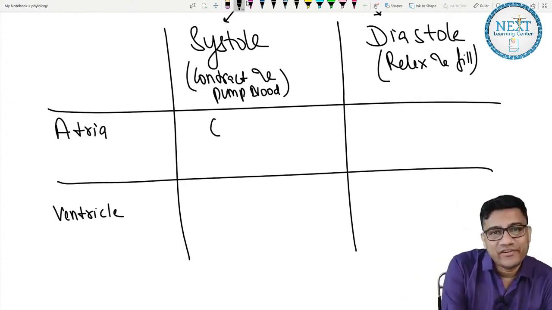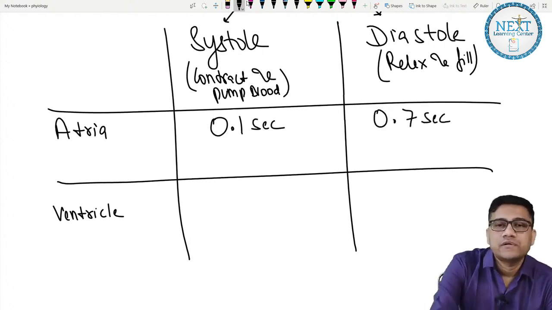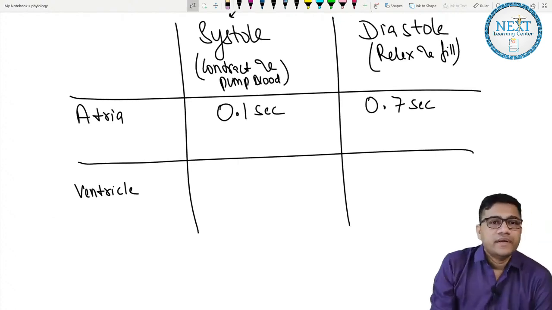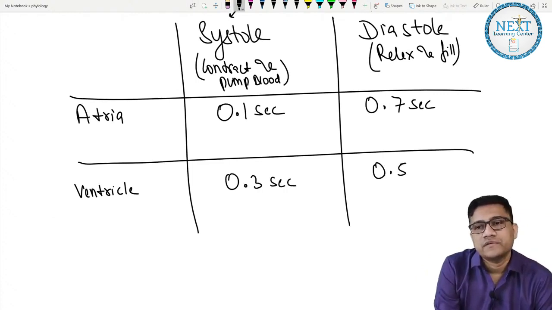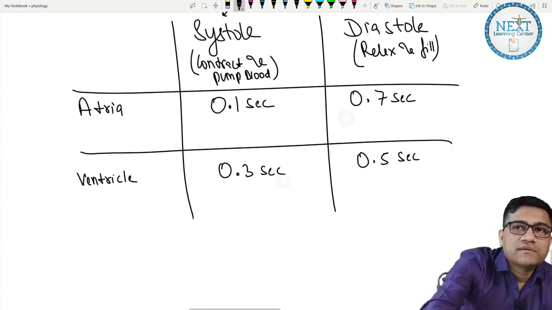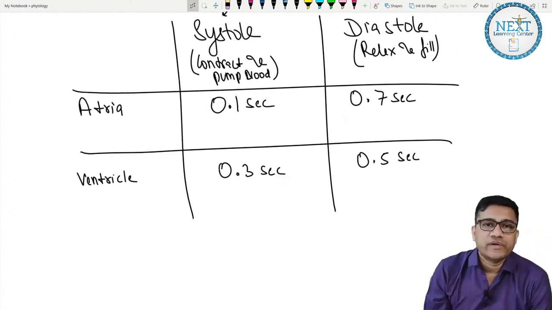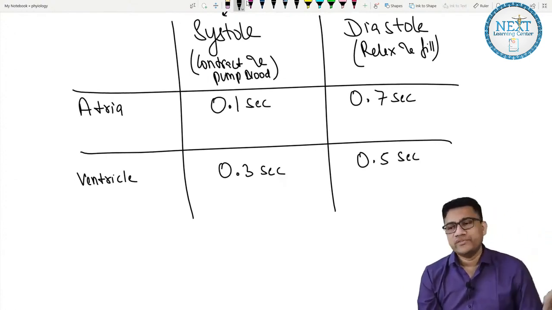So first, atria is 0.1 second, this is 0.7 second. Are you clear? Now ventricles is 0.3 second and this is 0.5 second. Clear? So these are some of the important features. Okay, so 0.1 second, 0.7 second, 0.3, 0.5.